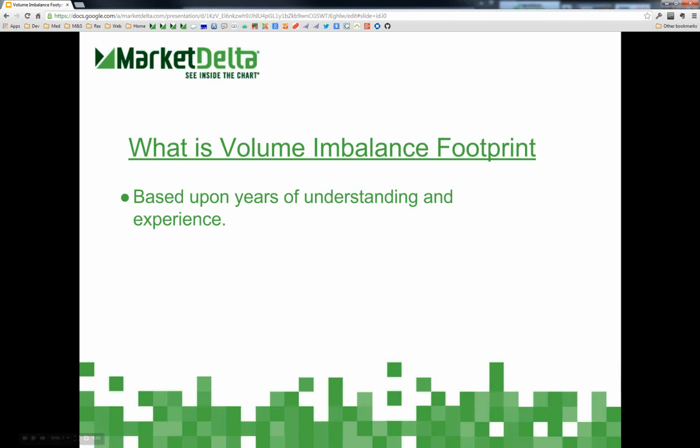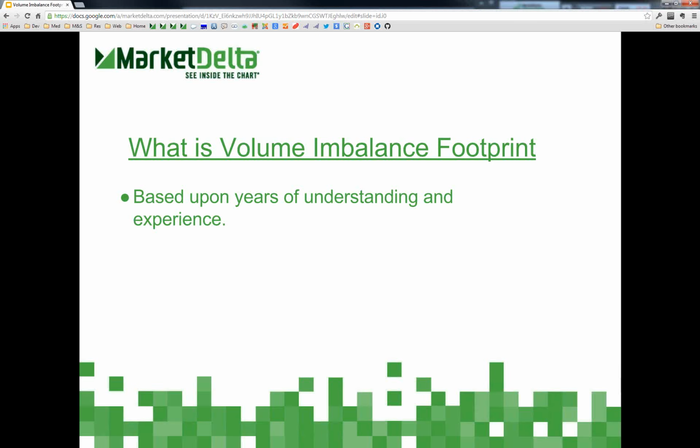All right, so the volume imbalance came out of years of experience and our understanding of the footprint chart. Like I said, this is something we created 10 years ago. There's been a lot of work that's gone into it, and one of the things that people have always struggled with, because it's not a typical open, high, low, close bar, is applying it.